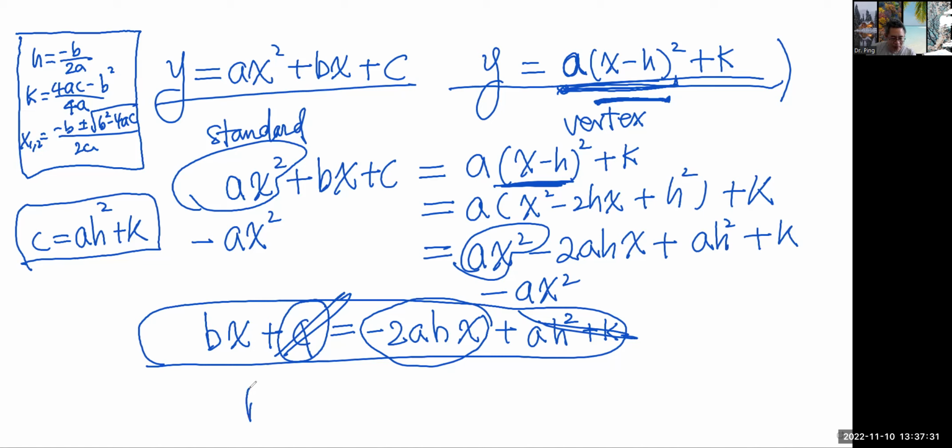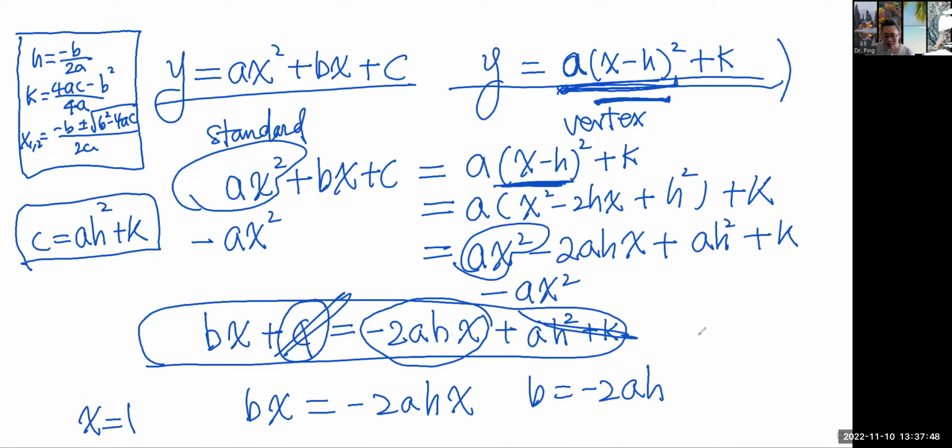So now we got bx equal to negative 2ahx. We got x on both sides. Well, since x could be anything, we just set x to 1. So therefore, we got b equals negative 2ah, which is the same thing as 2ah equal to negative b.